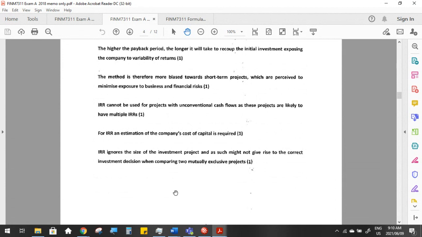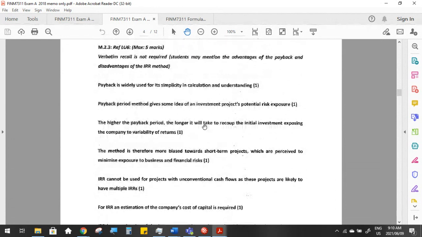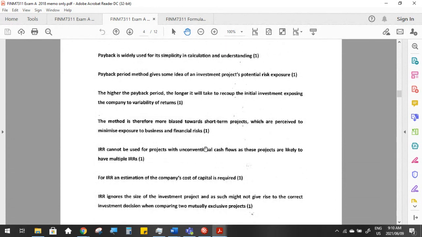Because the reason that someone would prefer the payback period is because they are looking at the advantages of the payback period and they are looking at the disadvantages of the IRR. They could have asked the question the other way around and said, why would they prefer the IRR method to payback? In that case, you would have listed the advantages of the IRR method and the disadvantages of payback. You understand how this is a good question because it's really testing that you know your theory and that you can apply it properly to a question.